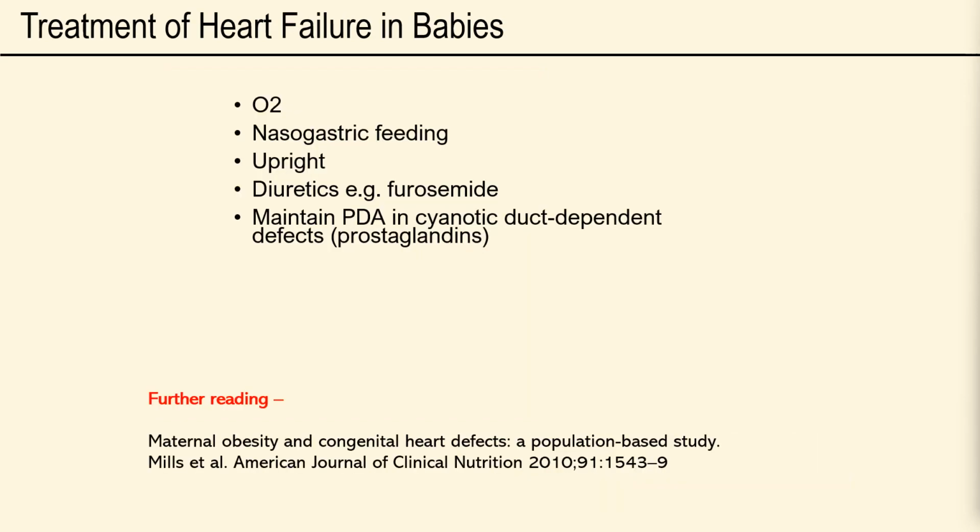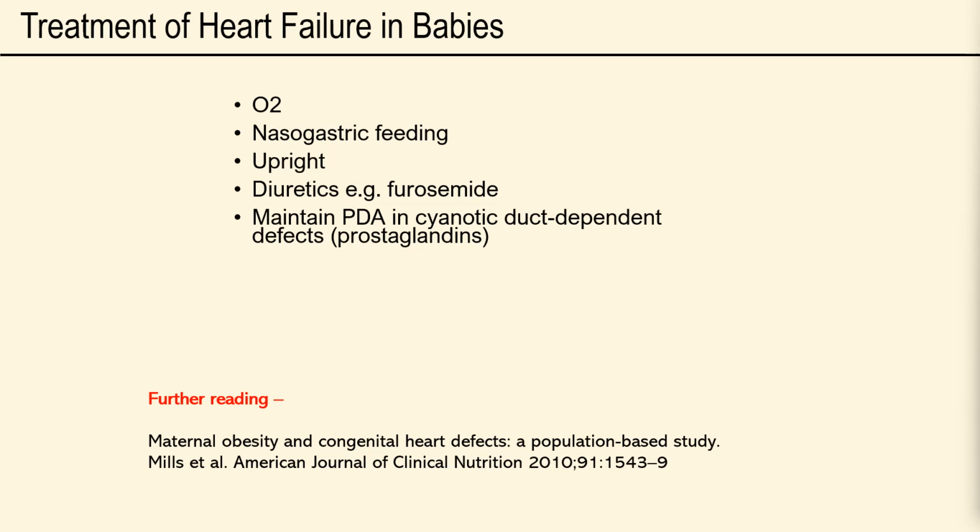So for further treatment, in some cases to buy time until surgery can be performed, we would look at supplemental oxygen. We would also look to add a nasogastric tube for feeding, as it is difficult to suckle whilst breathless, and this would help to limit the effects of failure to thrive and build the mass of the baby until surgery could be performed.